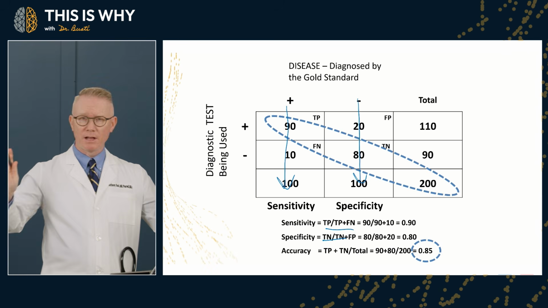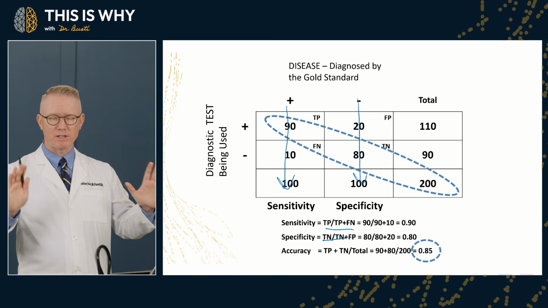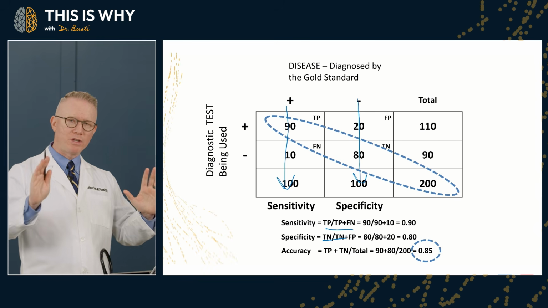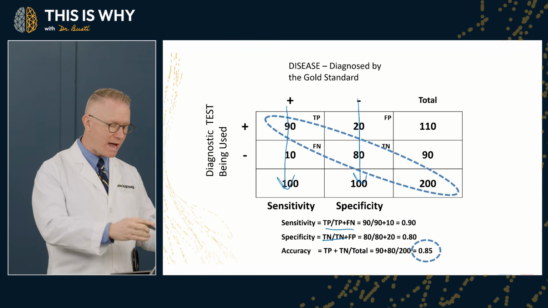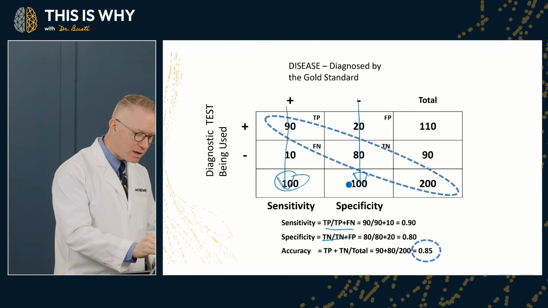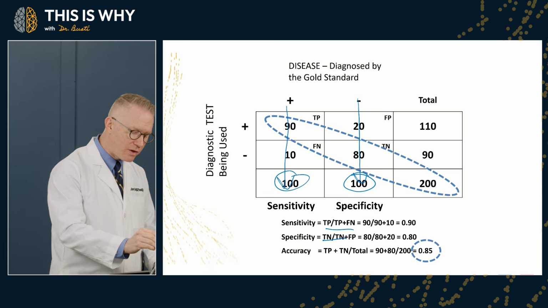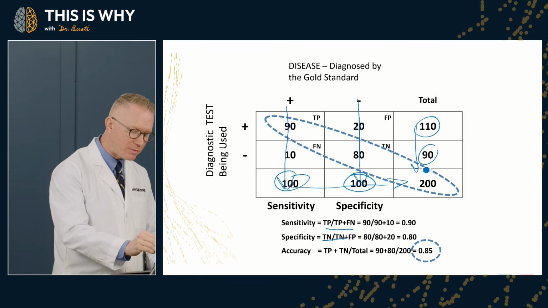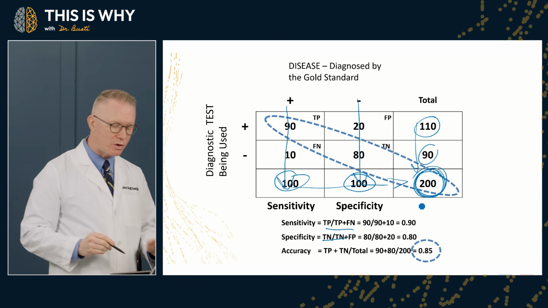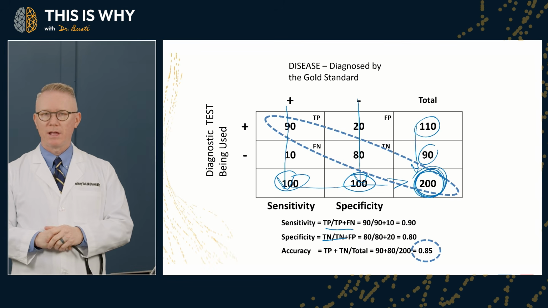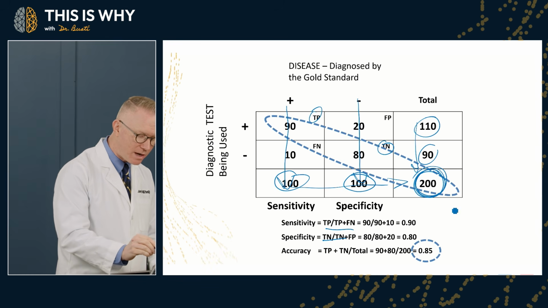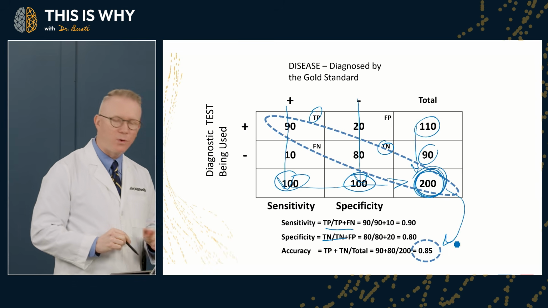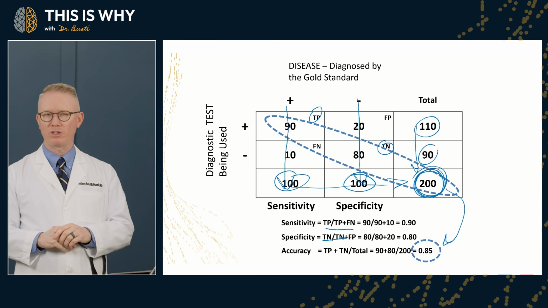Again, I'm not going to spend time discussing sensitivity and specificity right at this moment, but I wanted you to see that in the building of this 2 by 2, where you add up the totals in the columns, and then also over here in the rows, they should match up. And this number right here is the total number of samples. That and the true positive and true negative become the formula for accuracy that I mentioned earlier.